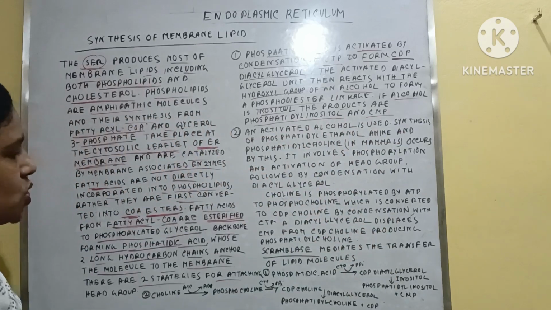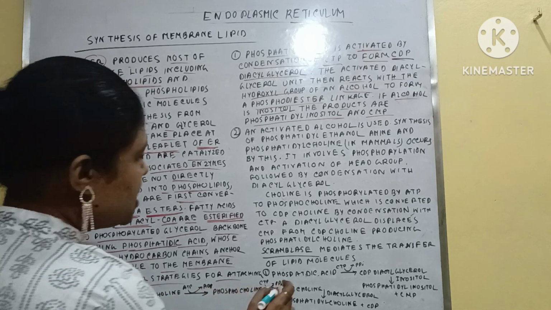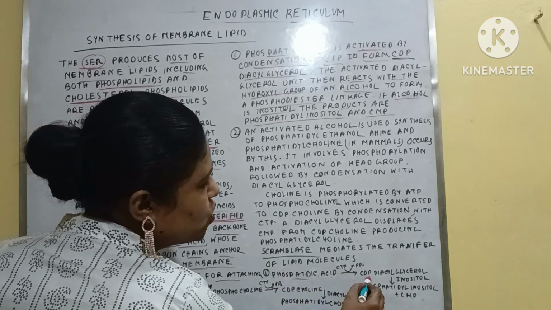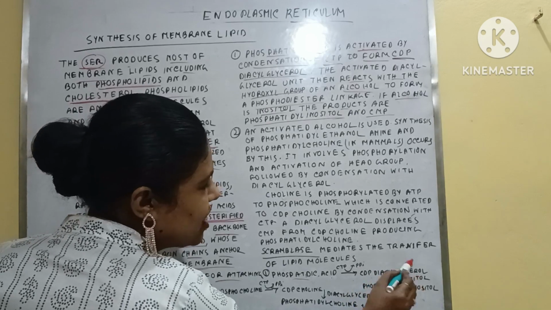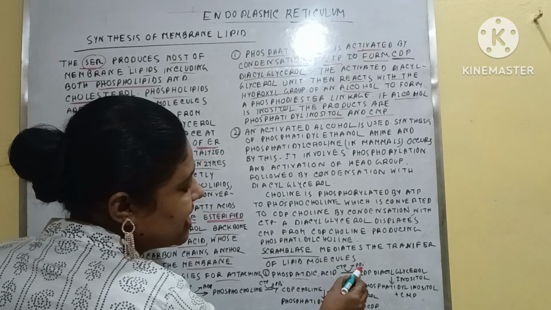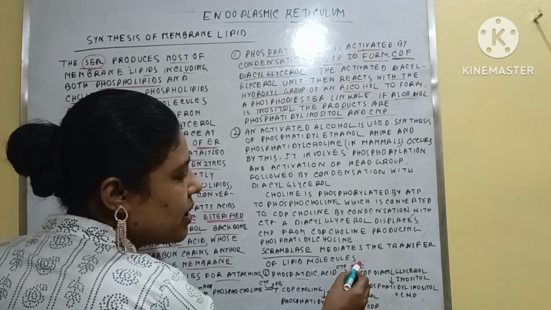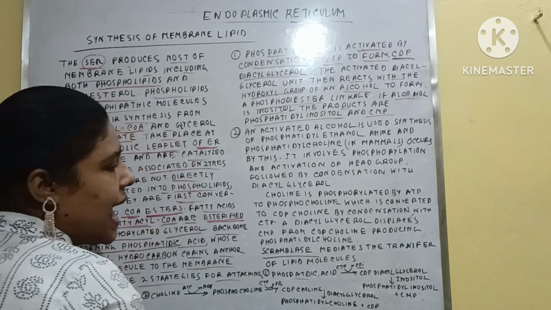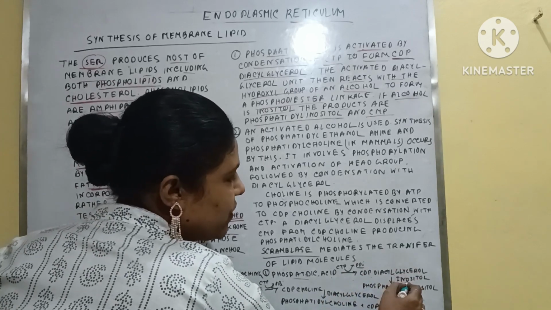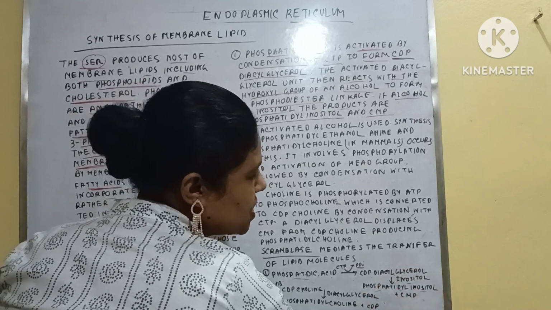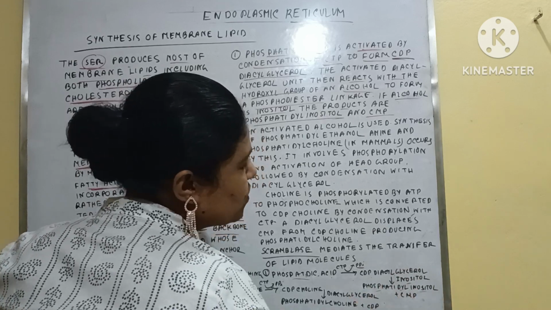So what is the reaction? You can see that phosphatidic acid converts into CDP-diacylglycerol in the presence of CTP, which converts into PPi, and then in the presence of inositol, phosphatidylinositol is formed and CMP is also formed.